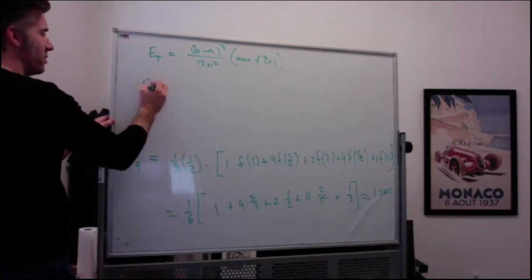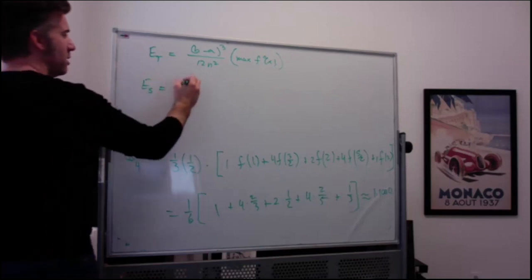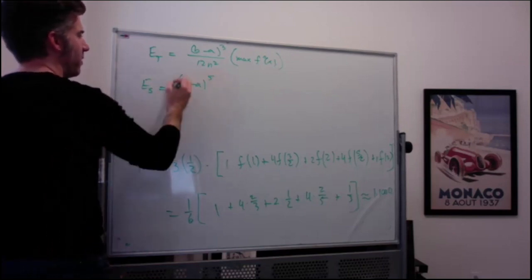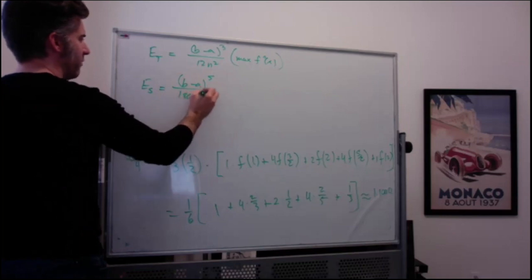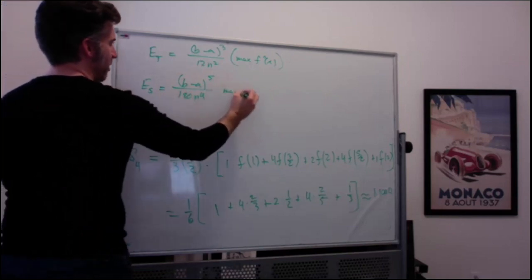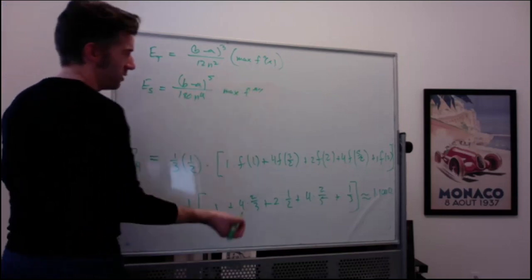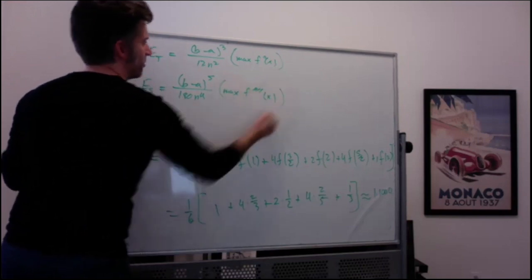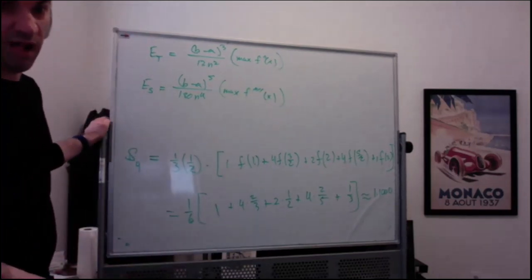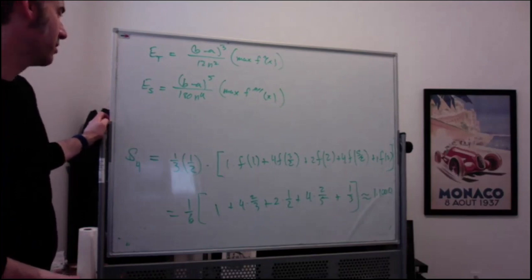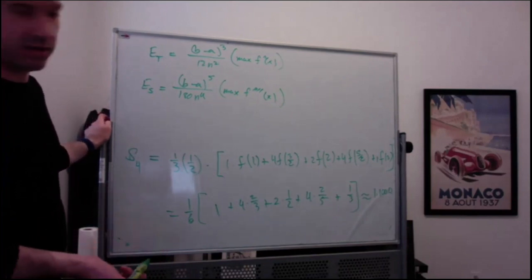The error formula for Simpson's rule is b minus a to the fifth over 180n to the fourth times the max of f, the fourth derivative of x. Wow. Okay.